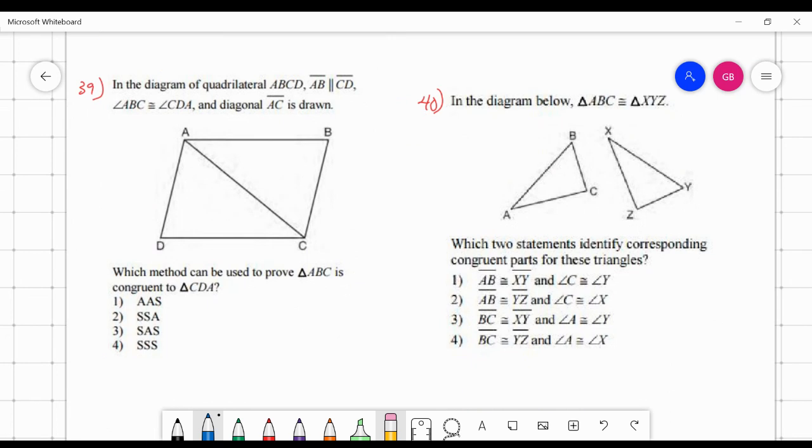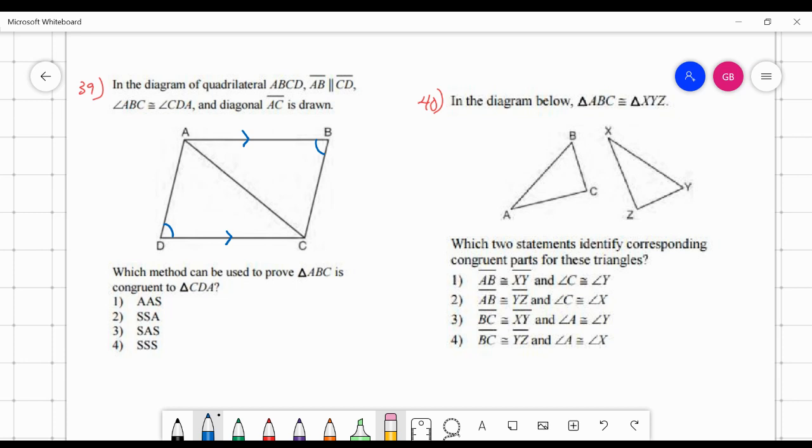39. In the diagram of the quadrilateral ABCD, AB is parallel to CD. Angle ABC is congruent to CDA, and the diagonal AC is drawn. Which method can be used to prove triangle ABC is congruent to triangle CDA?